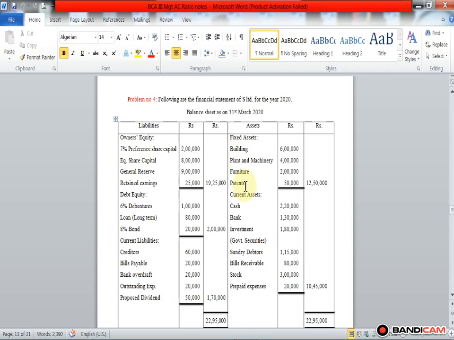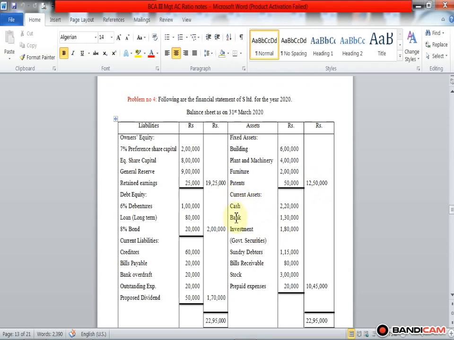Fixed assets: building rupees 6 lakh, plant and machinery rupees 4 lakh, furniture rupees 2 lakh, patent rupees 50,000. Total fixed assets is rupees 12 lakh 50,000.